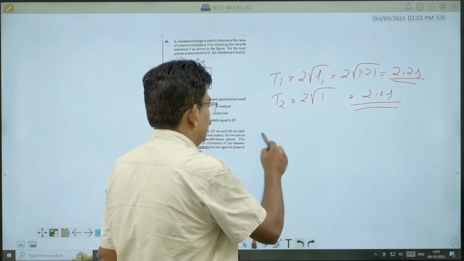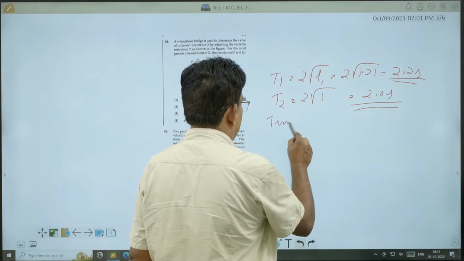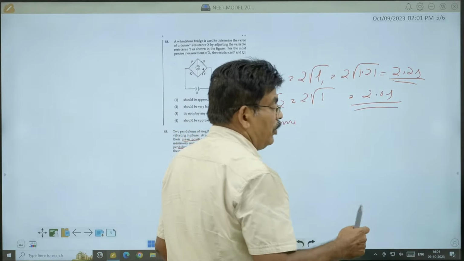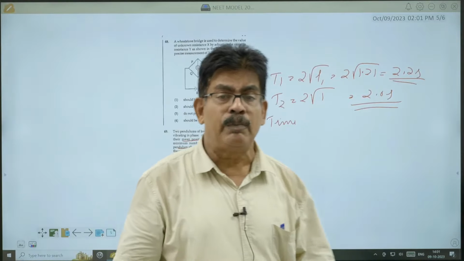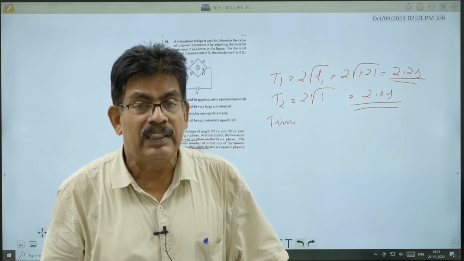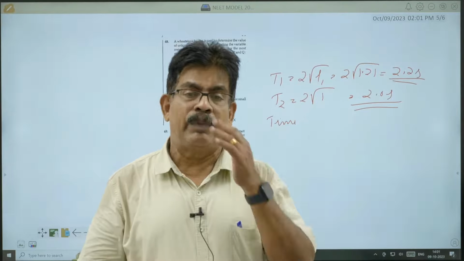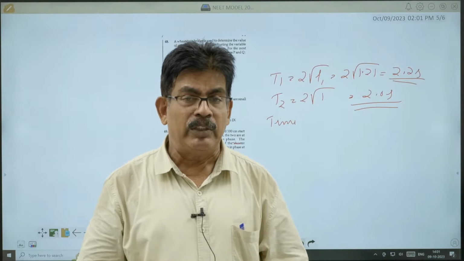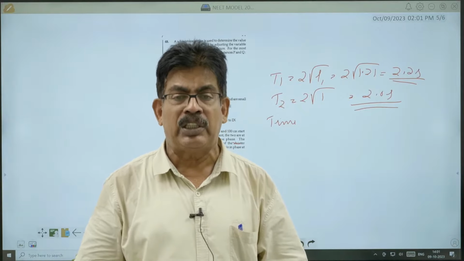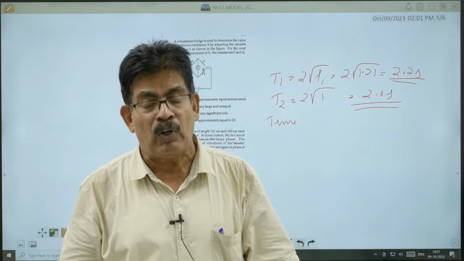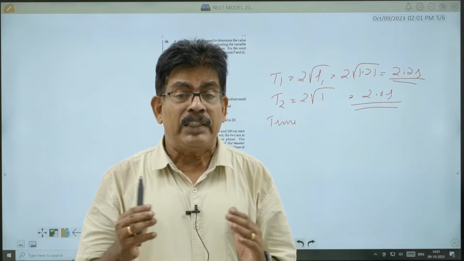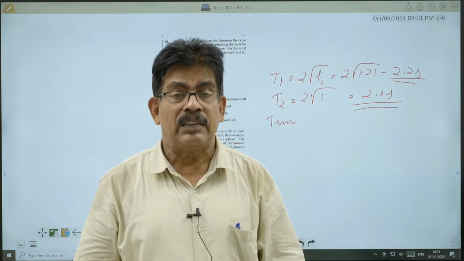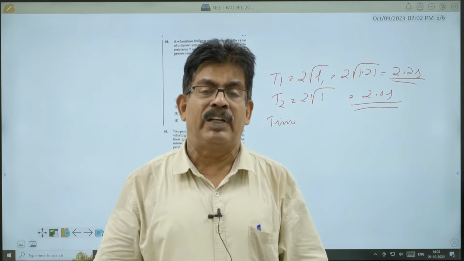Whenever pendulums come back to the mean position, the time taken is an integral multiple of their time periods. When they are coming together, it is a common multiple of the time periods.